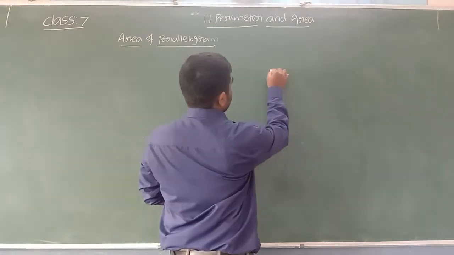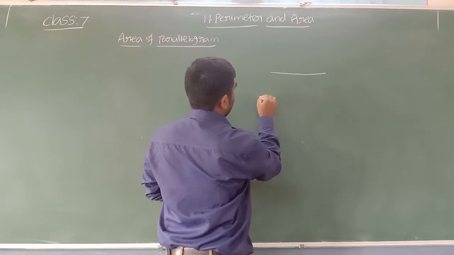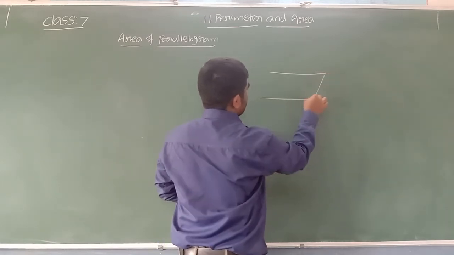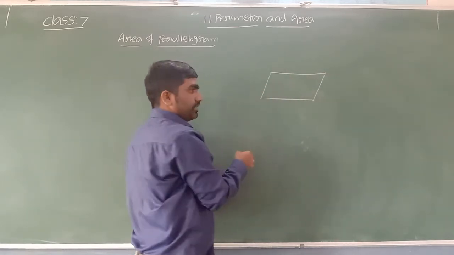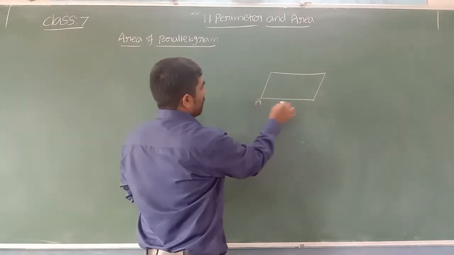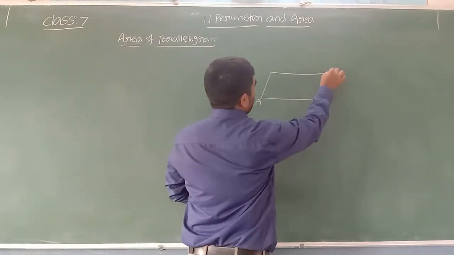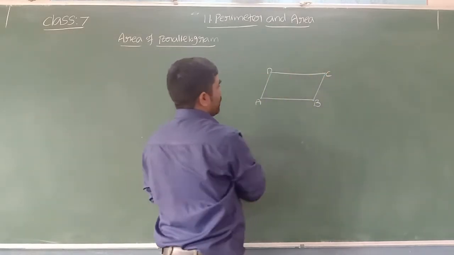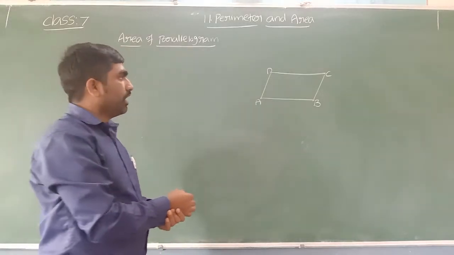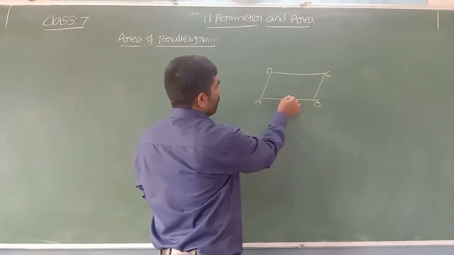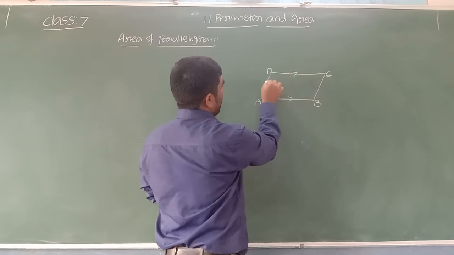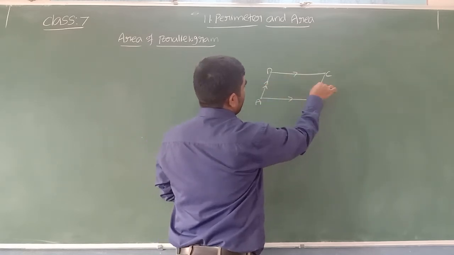A parallelogram is a special type of quadrilateral, where we can see the opposite sides are equal. Let me write parallelogram ABCD. In this parallelogram, two pairs of opposite sides are parallel and also equal.